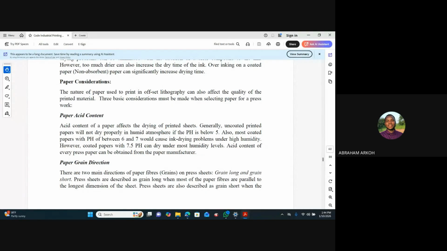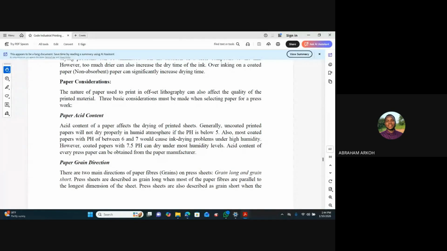Generally, uncoated paper will not dry properly in a humid atmosphere if the pH is below 5. Also, most coated paper with a pH of between 6 and 7 will cause ink drying problems under high humidity. However, coated paper with 7.5 pH can dry under most humidity levels.